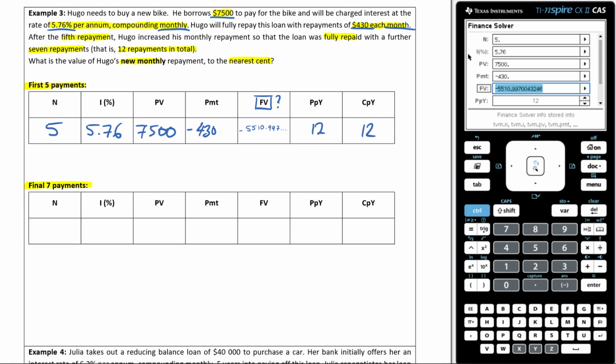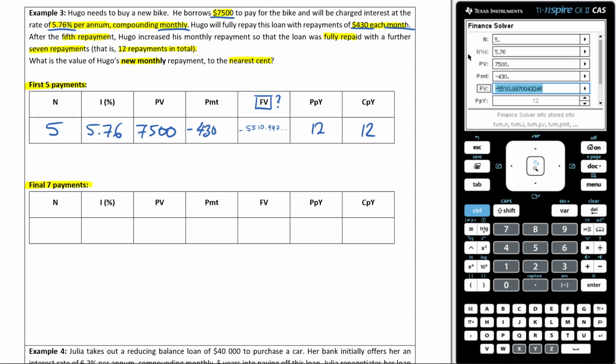Now, the key with this question, and this is the really important part, we just found something very important. We just found the future value after the first 5 repayments. Nowhere in the question does it ask you to state what this is. Therefore, I'm not going to round it because it doesn't ask me to write it down anywhere. I'm just going to leave it unrounded.